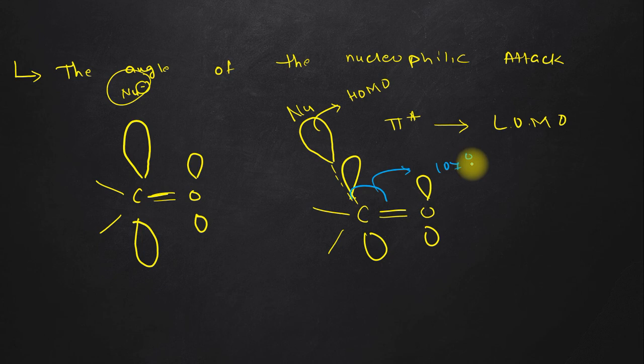This particular approach of the nucleophile is also called, guys, I am writing the name of this approach. I will not be able to pronounce it. So it is also called this approach route.